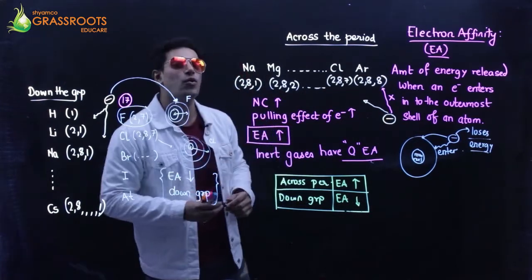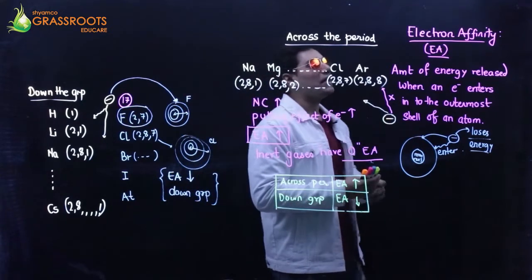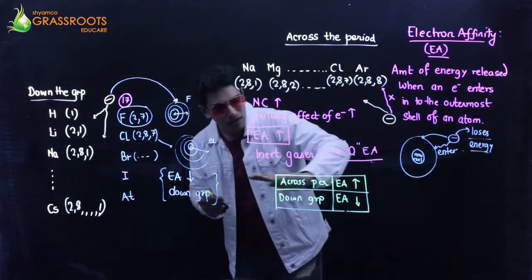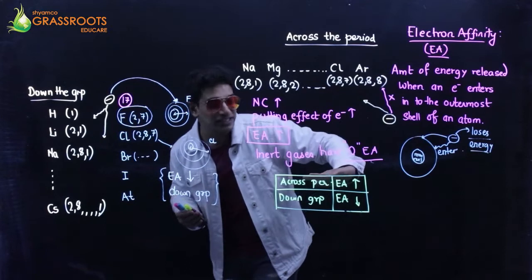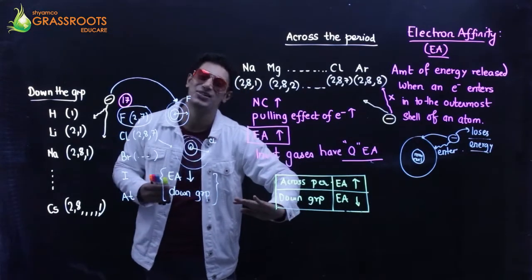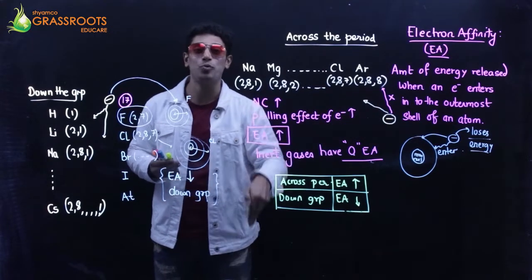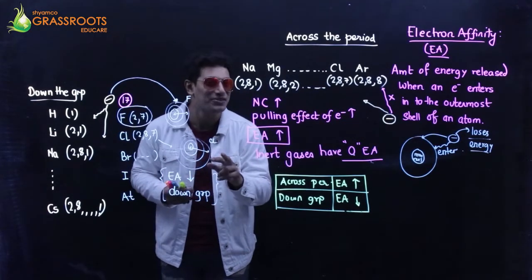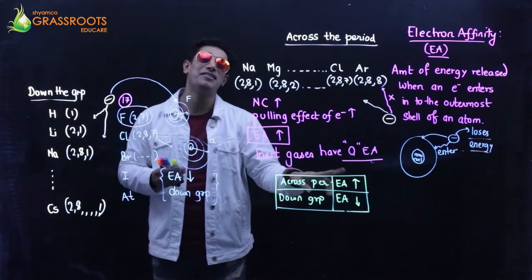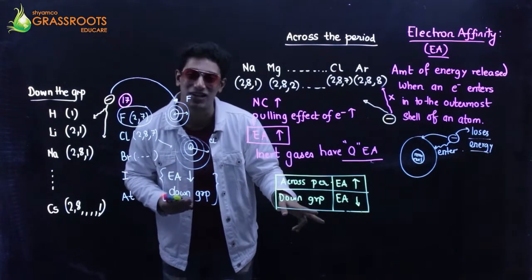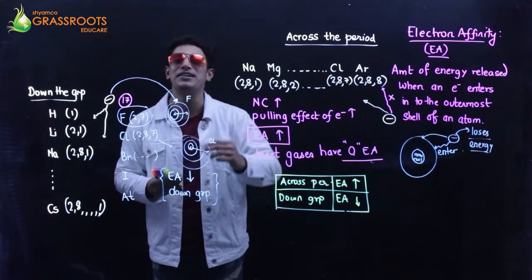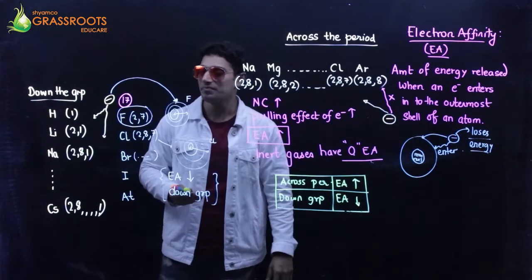That is the whole ideology. If in one context it increases, in the other context it has to decrease. So if across the period something decreases, down the group it has to increase and vice versa. It's always going to be different behavior, inverse proportionality. Remember, across the period and down the group, everywhere.